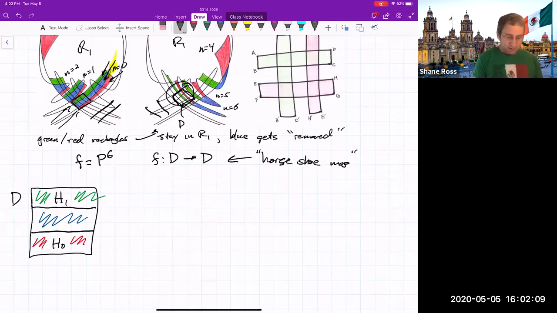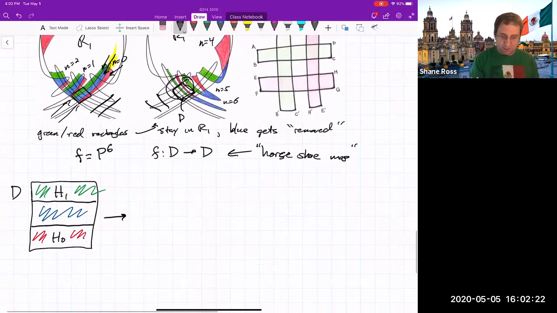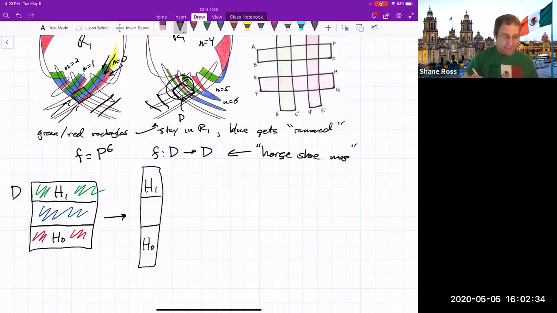Topologically, what the dynamics of this forced system, this homoclinic tangle, ended up doing was taking this square and stretching it in one direction. Here's my little schematic of stretching it. Here's H1, here's H0, and then folding it back. So this is the stretch step, and then we fold.